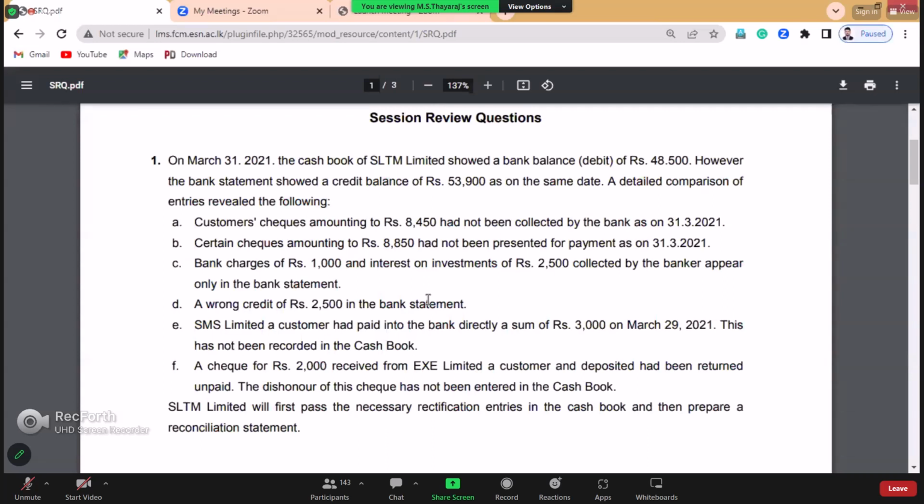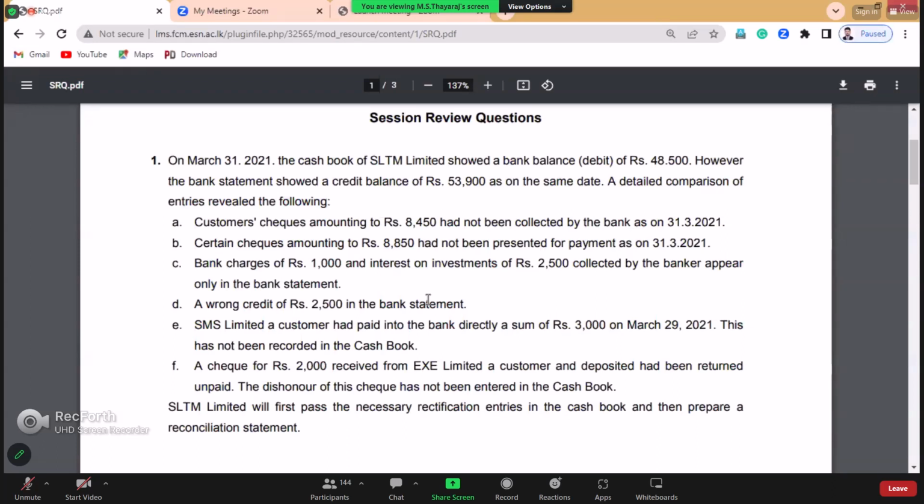Here in this question, we have to find out the adjusted cash book balance, if there is anything put into the adjusted cash book other than what is transferred to the bank reconciliation statement. So first you should know which transactions are considered for the bank reconciliation statement.